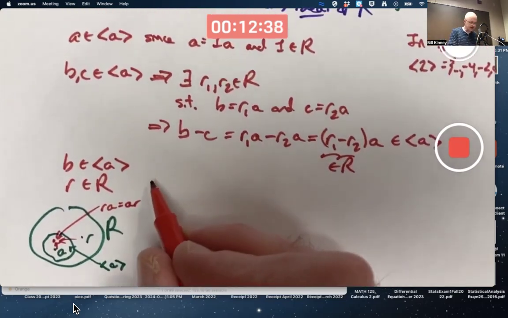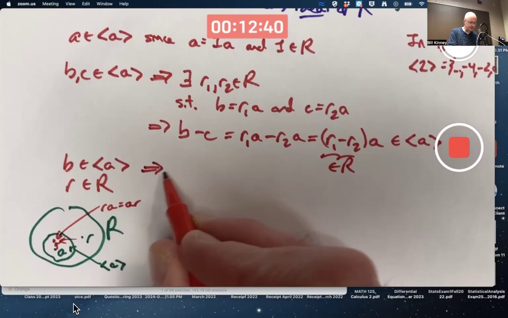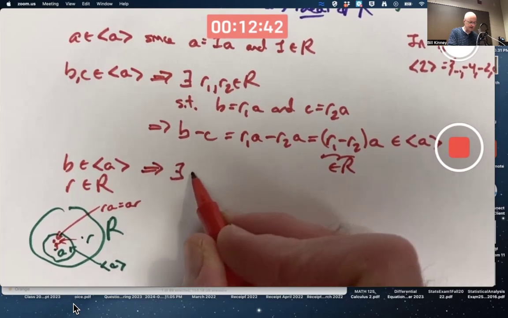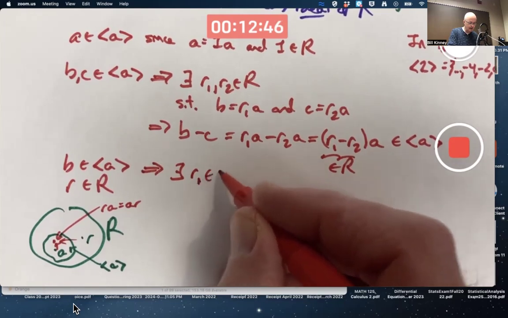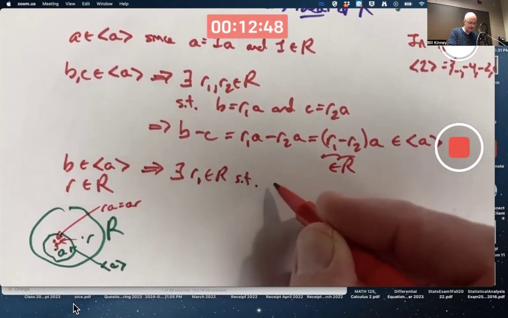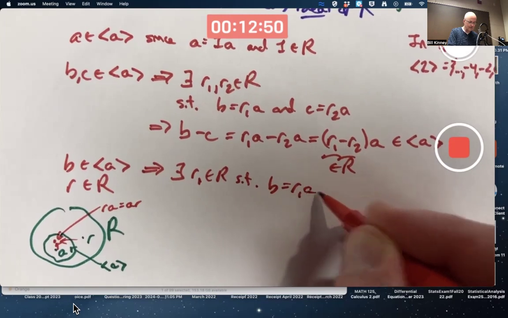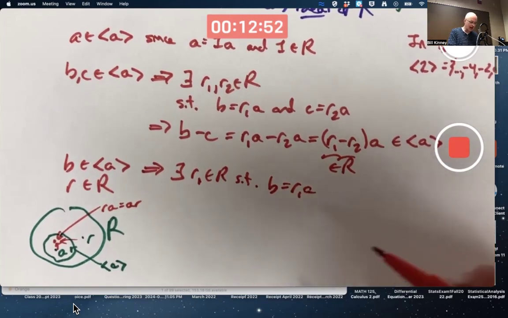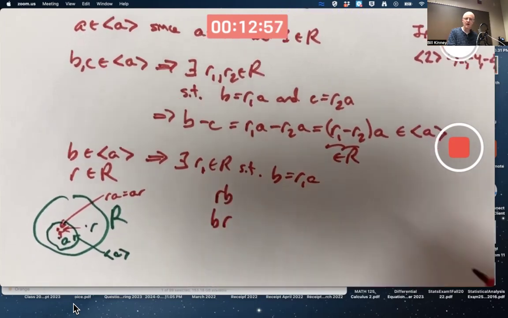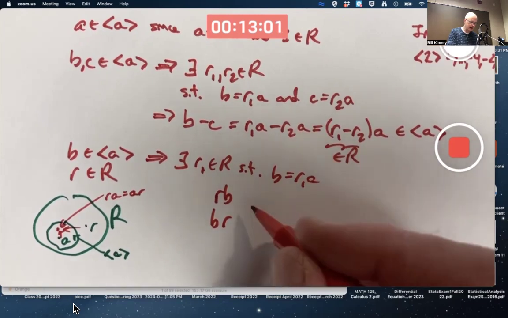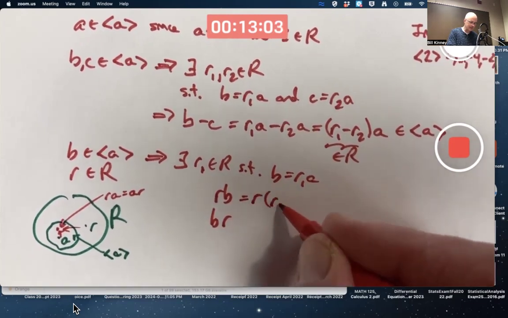It's not as hard as it sounds to verify this. B being in the principal ideal generated by A means there exists, I'll call it, R1 in R such that B equals R1A. Now verify that R times B and B times R are in the principal ideal generated by A. That's easy.